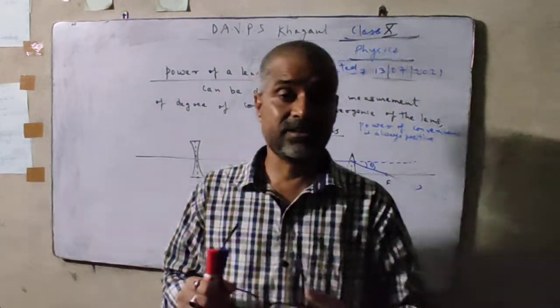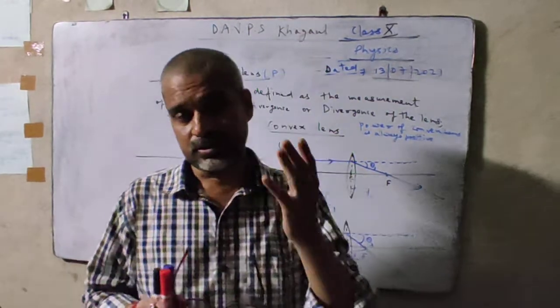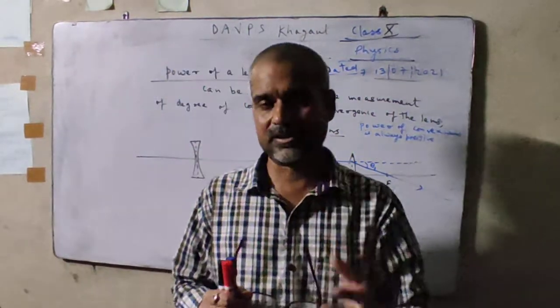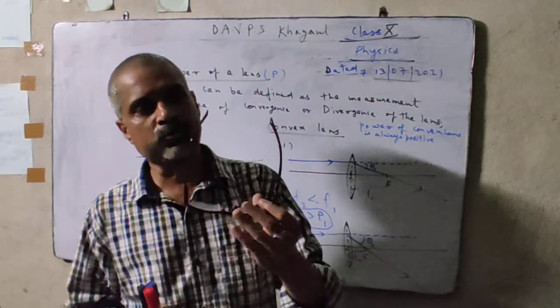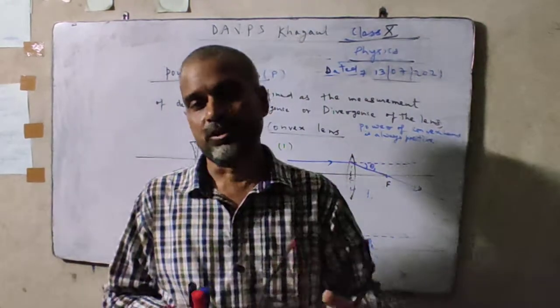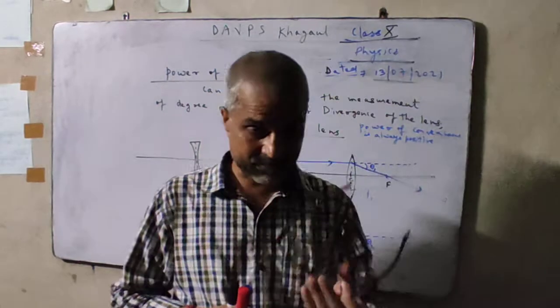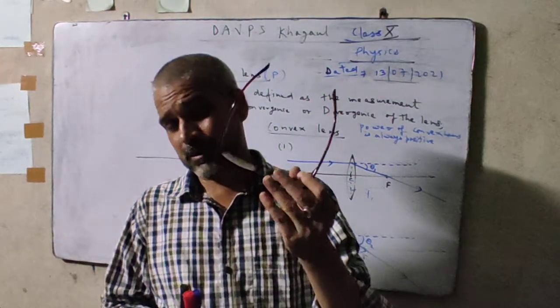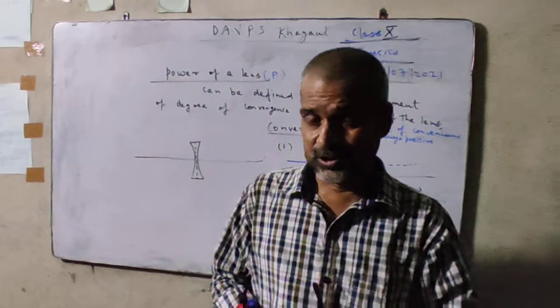Or in case some of you may be wearing spectacles made of a concave lens or double concave lens. But when you go to purchase a lens, the shopkeeper could ask you, what power of lens?